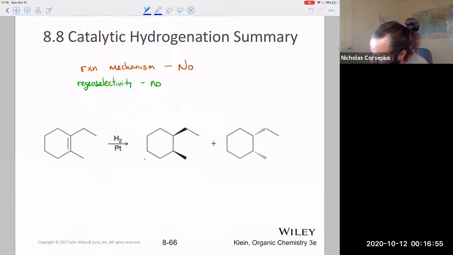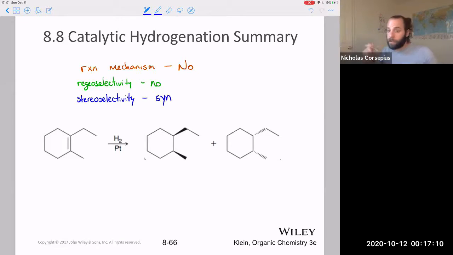The main thing here, the main pain in the butt here is the stereoselectivity. And that is because it is a syn addition. And the last thing I'll say is because you're adding the same thing to both vinyl carbons, you're adding a hydrogen to both vinyl carbons, got to watch for meso.